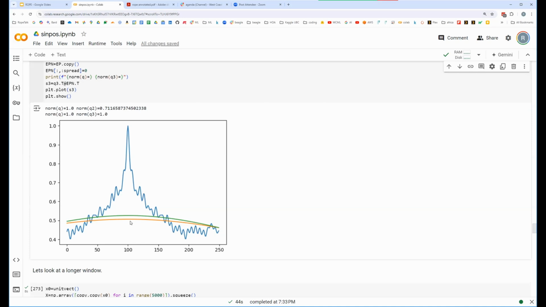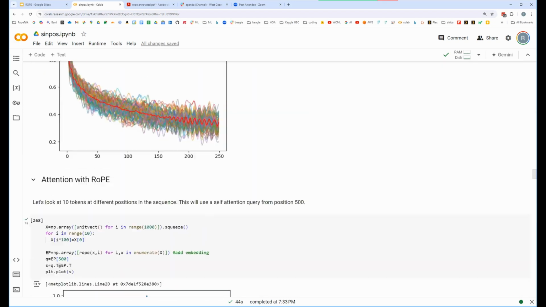But if you imagine that the word tree had a 0.01 dot product, then it doesn't matter whether it got a 0.48 or a 0.52.